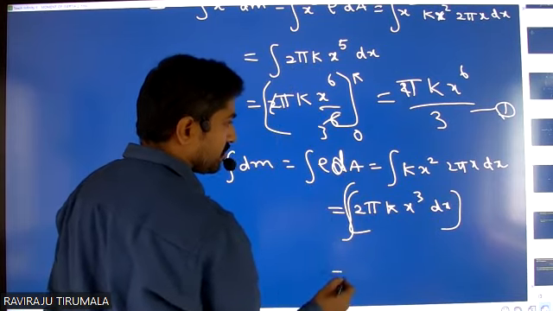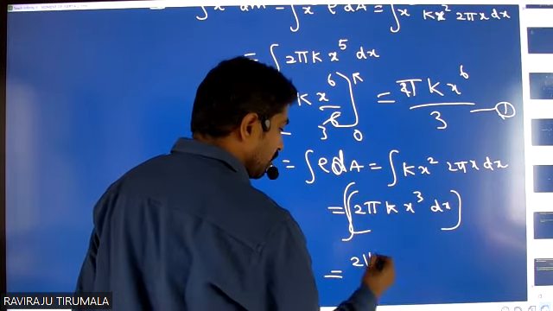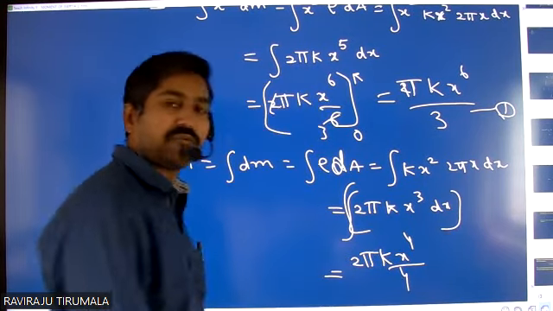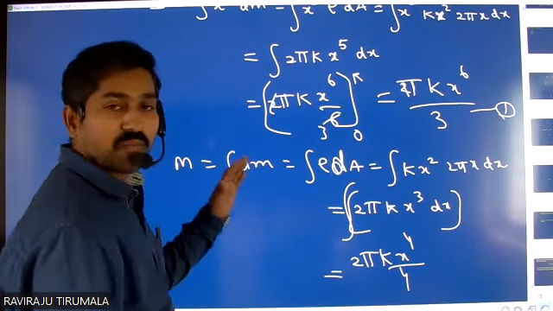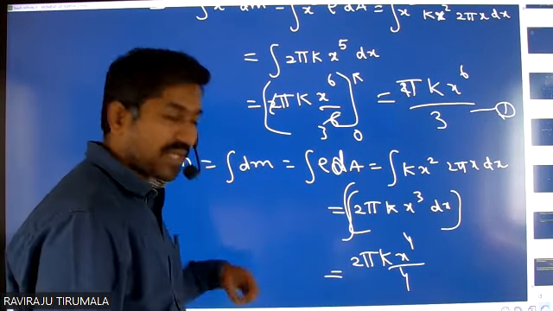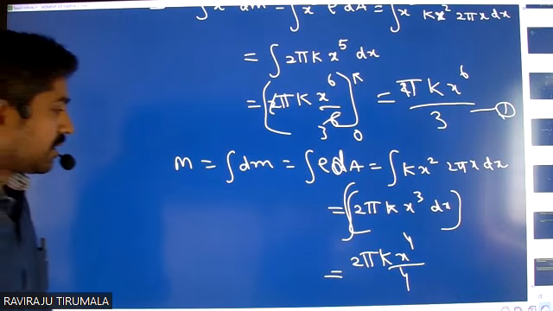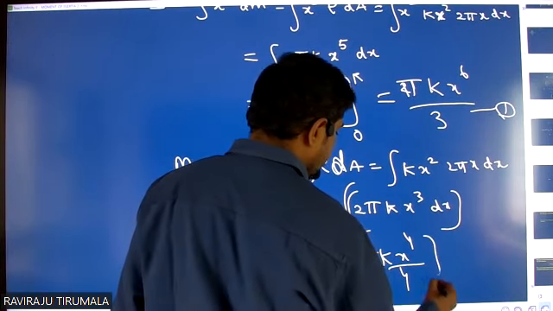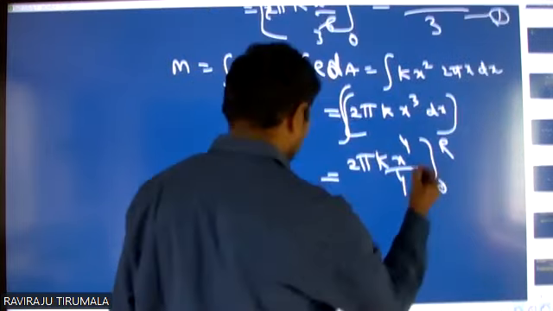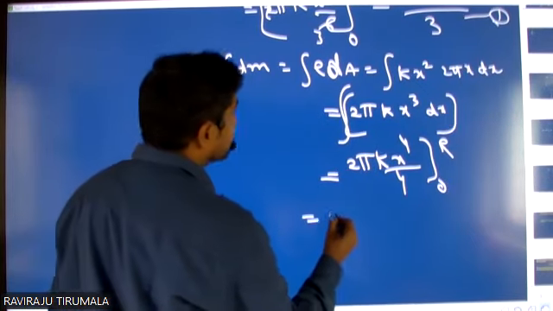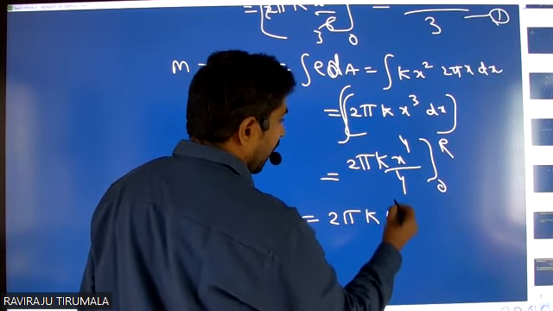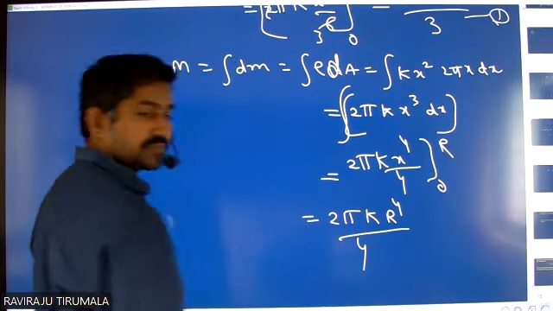You have to take an integration for this. This will be 2 pi k x⁴ by 4. I hope all of you understand. The previous two model questions were the same, so I am explaining this one very quickly. Okay. So by applying the limits from 0 to r, you will get here the answer, that is 2 pi k r⁴ by 4.